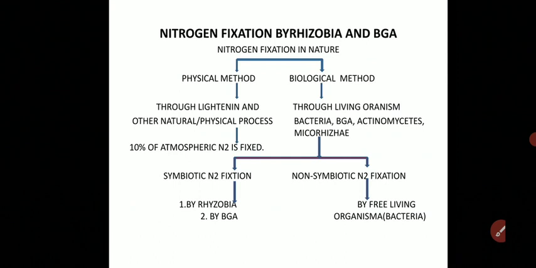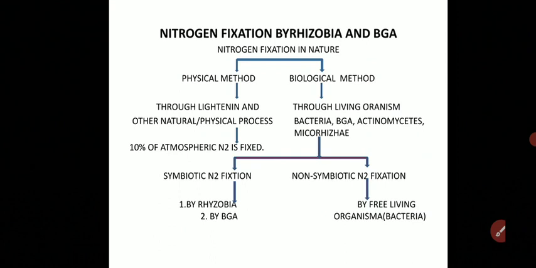Those are called diazotrophs. They do not show any kind of association with other hosts, and they live freely in the soil and fix the nitrogen in soil. So they are called non-symbiotic or free living nitrogen fixers.